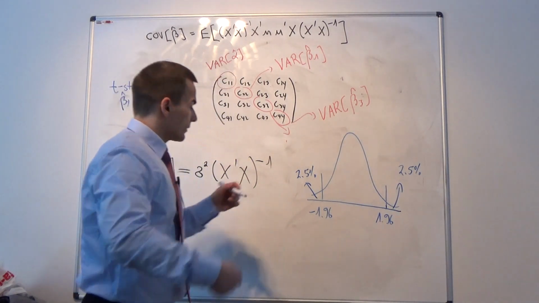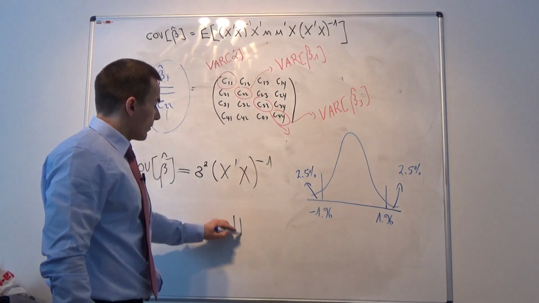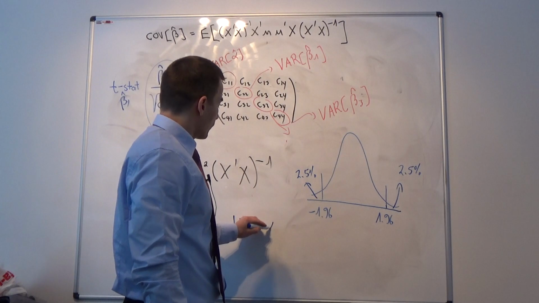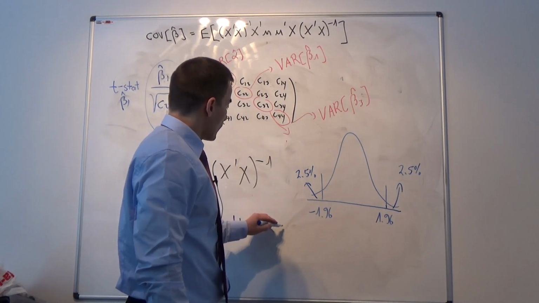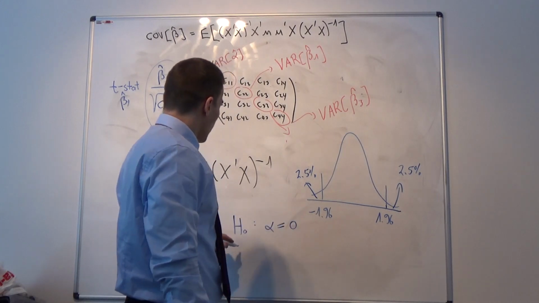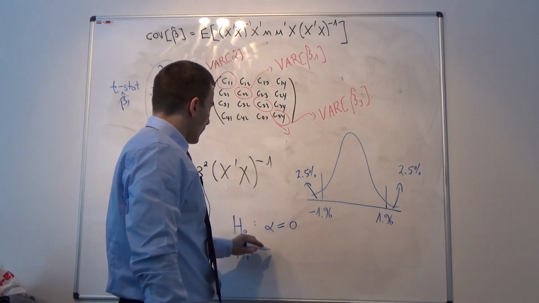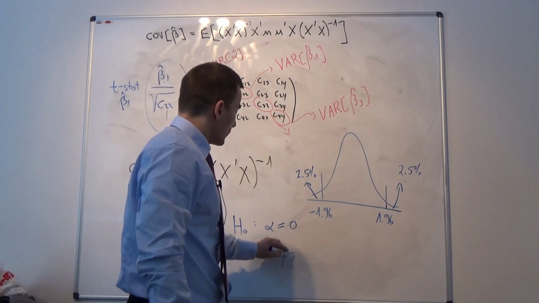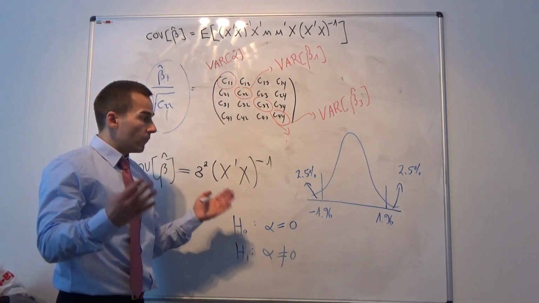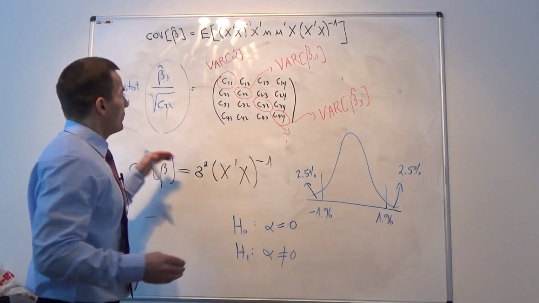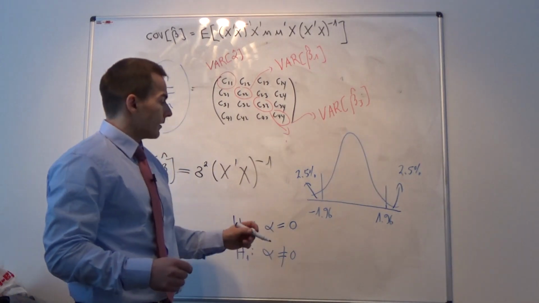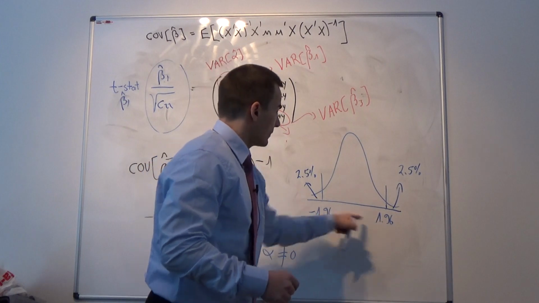So let's say we want to test our null hypothesis that our alpha is zero, and the alternative hypothesis that our alpha is unequal to 0. This is the standard test, and given a significance level of 5%, you would compute the t-statistic for the alpha and compare it with the critical values of the normal distribution.